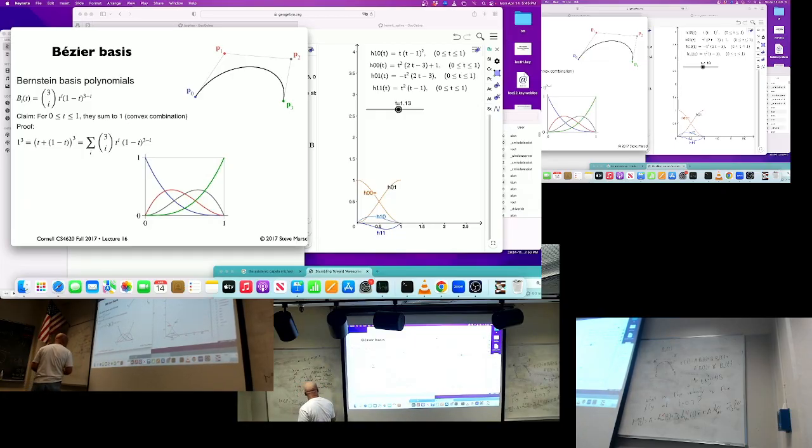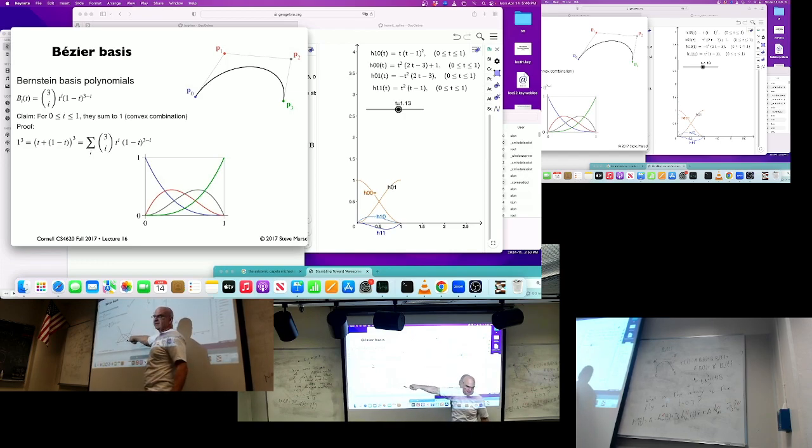Agree? I think that it's cute, right? We are going to write 1 to the power 3 in a very complicated way, and it turns out to just be the sum of the Bernstein polynomials at T. What are Bernstein polynomials at T? How much weight, how much importance do I give to each one of the 4 points?